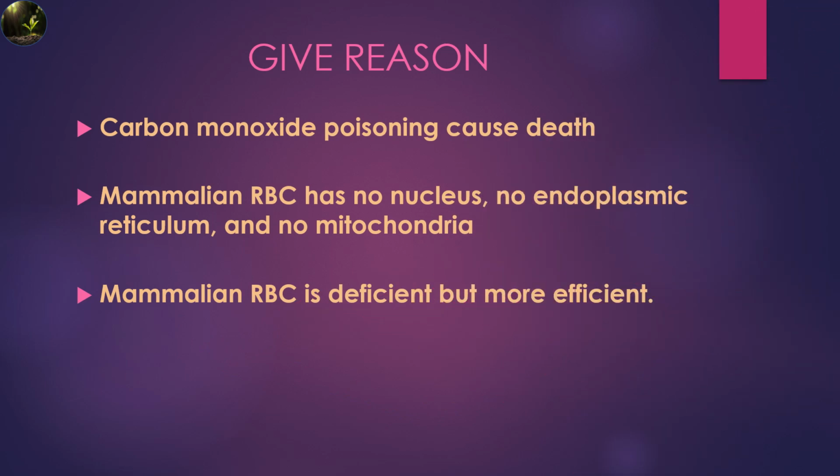Give reason. Carbon monoxide poisoning causes death. What is the reason for that? It cuts down the capacity of blood to carry oxygen. The next one: mammalian RBCs have no nucleus, no endoplasmic reticulum, and no mitochondria. Why is it so? There is no nucleus, so RBCs can carry more oxygen.